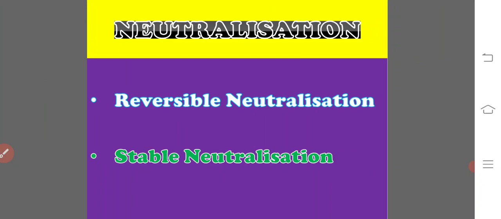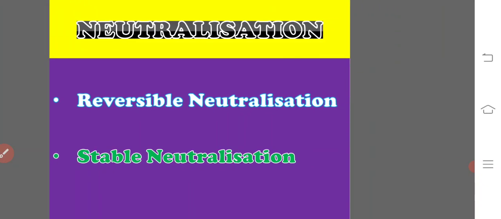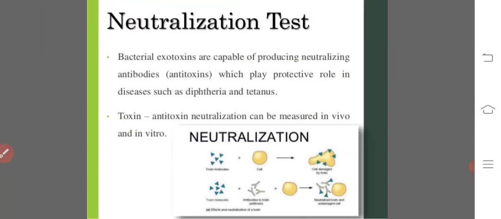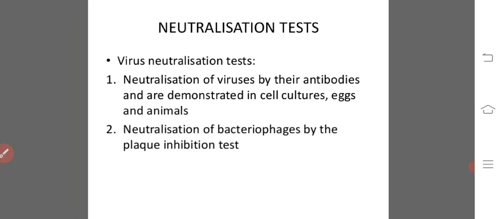The presence of unneutralized virus may be detected by reactions such as CPE, hemadsorption, hemagglutination, plaque formation, and disease in animals. The loss of infectivity is brought about by interference by the bound antibody with any one of the steps leading to the release of viral genome into the host cell. There are two types of neutralization: reversible neutralization and irreversible stable neutralization.